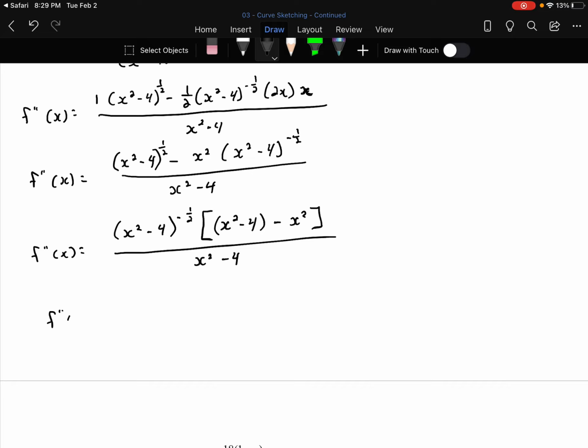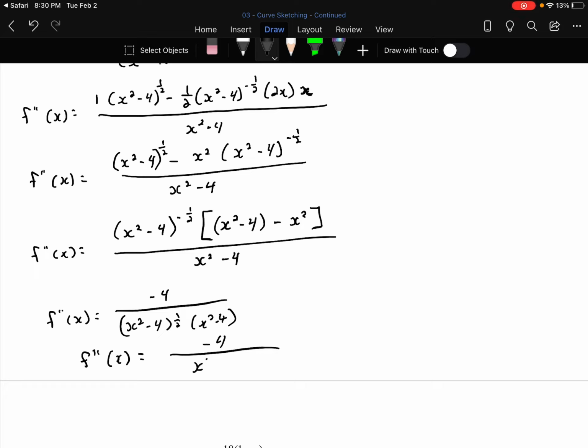And so I'm going to tidy up what's in the brackets. And I get a nice little negative 4 there. Isn't that nice? And down here I get x squared minus 4 to the 1/2. There was already an x squared minus 4. And so this ends up as f double prime at x equals negative 4 over x squared minus 4, but now to the 3/2.